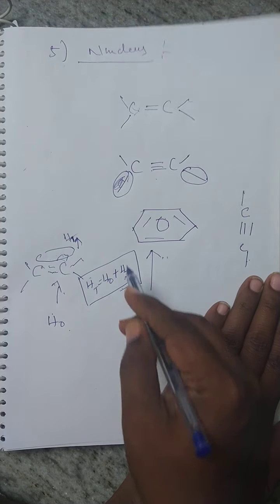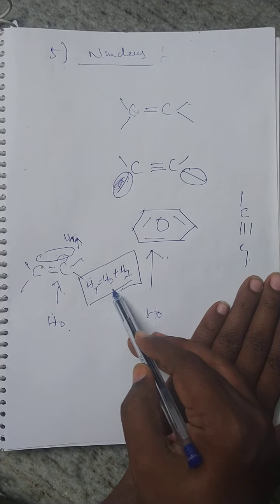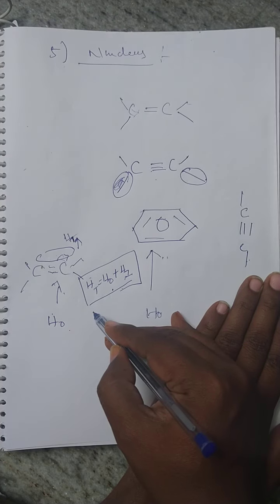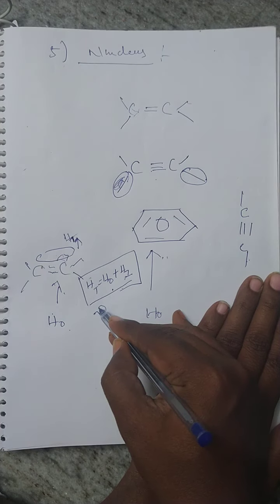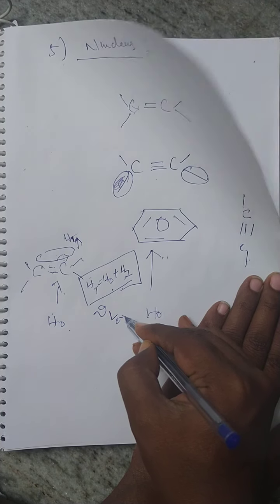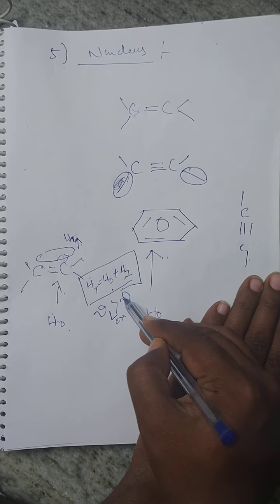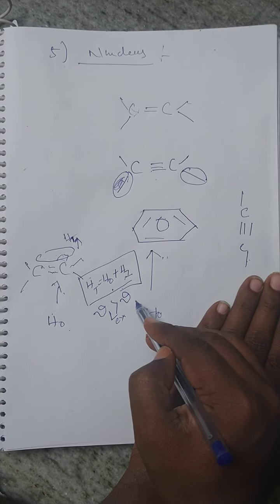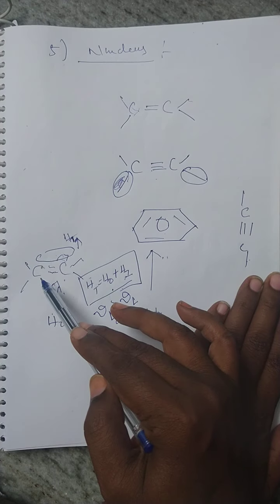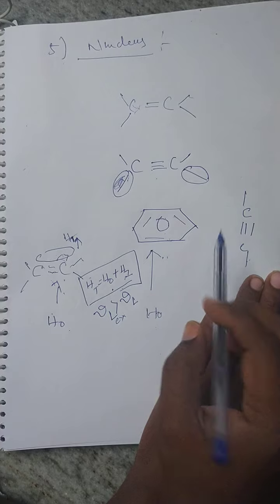So the nucleus will experience a higher magnetic field than the applied magnetic field, and hence the nucleus will precess with a higher Larmor frequency than expected, right? We experience this in the case of alkenes and benzenoid compounds.